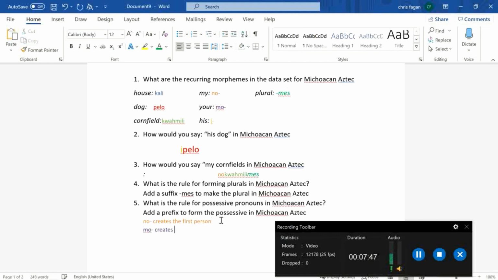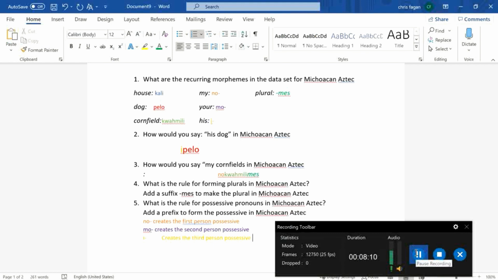Mo creates the second person. And E creates the third person. Now, to be precise, it's the first person possessive, second person possessive. But we will talk more about these kinds of syntactic classes when we get into syntax next week.